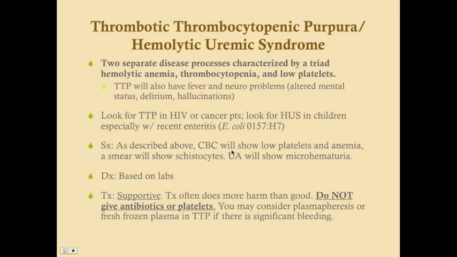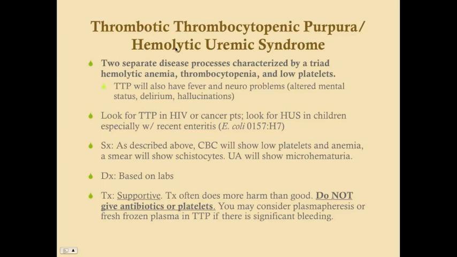This will usually be confirmed with your labs. So your CBC will show low platelets and anemia. And if you get a smear, which if you're really acute and you're thinking about TTP or HUS before you get your labs, you'll definitely see the schistocytes. Those are your little red blood cells that have little fragments knocked off of them.